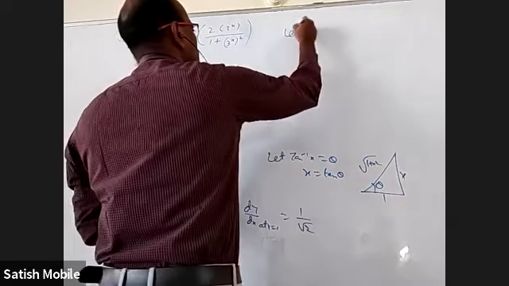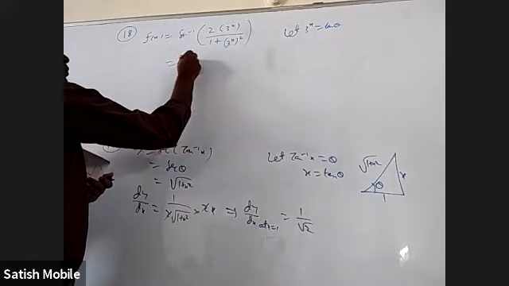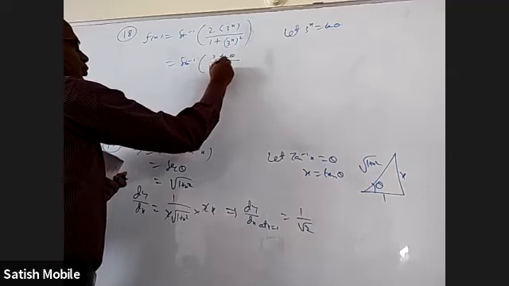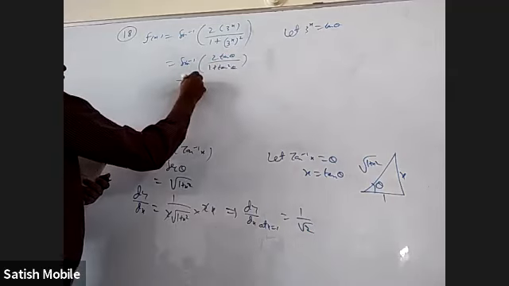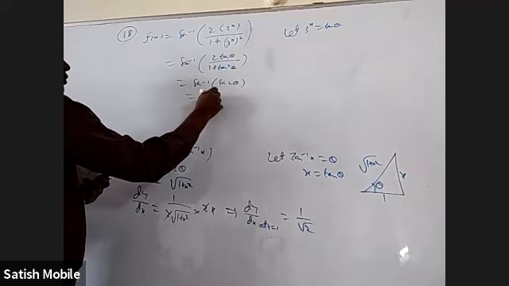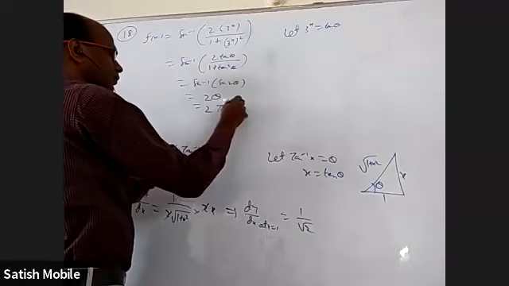So let 3 power x is equal to tan theta. Then it becomes sine inverse of 2 tan theta by 1 plus tan square theta. That is sine inverse sine 2 theta. You can cancel sine inverse and sine, you'll get 2 theta. And what is theta? Tan inverse 3 power x.